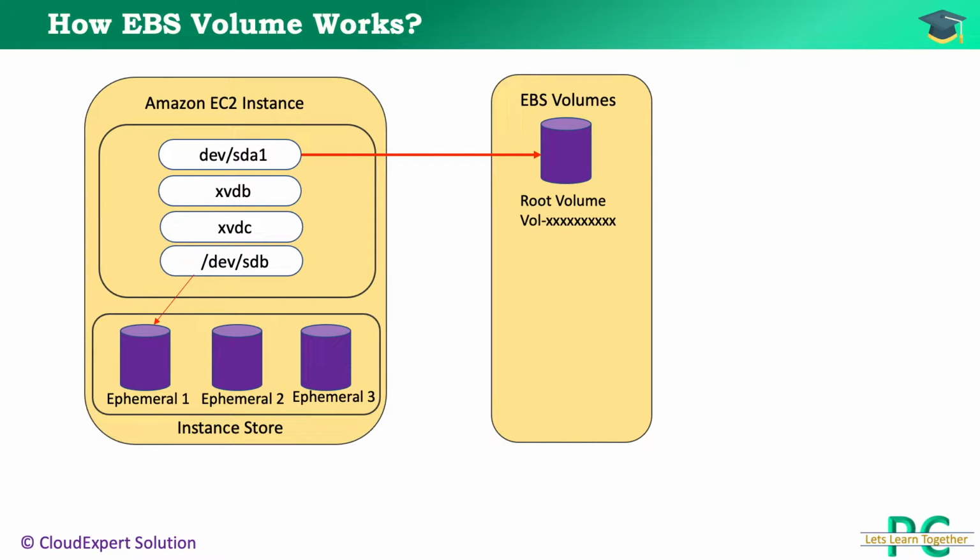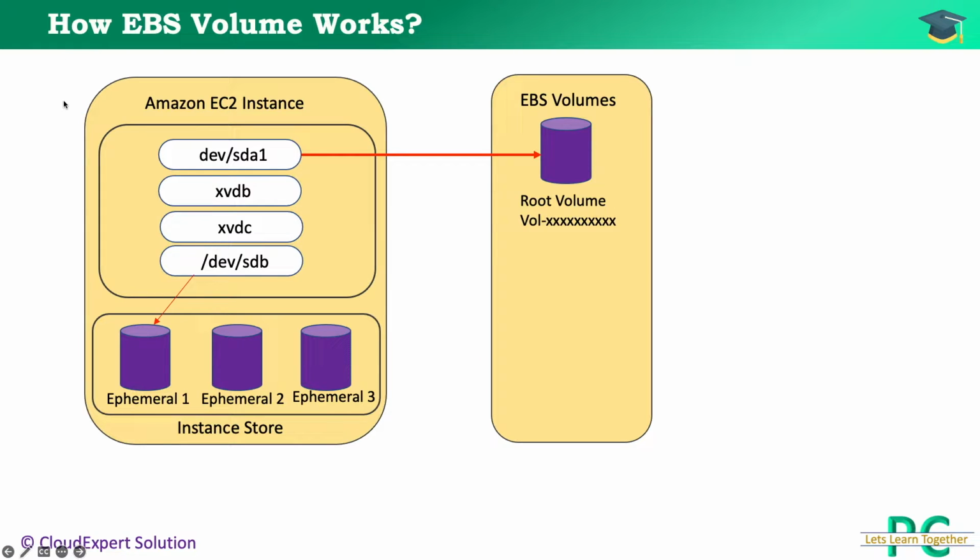But if you are using a C-type instance, in that case you can get access to instance store or ephemeral storage. But if you are launching a T series, in that case you will not have any ephemeral storage or instance store and you will only have EBS volume.